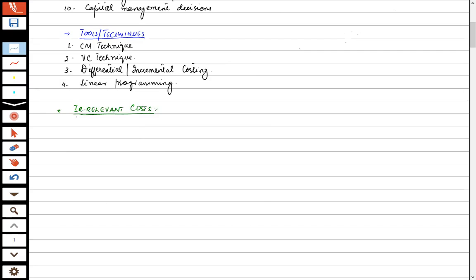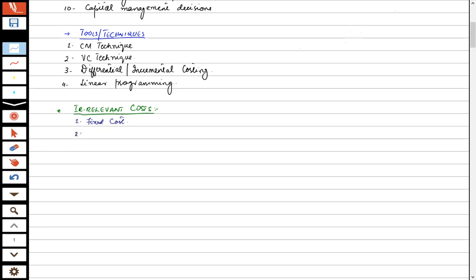Number one is fixed cost. As we have discussed earlier, whether we buy, make, continue or discontinue any product, our fixed cost, that is rent, will be incurred at any cost. So the fixed cost is irrelevant. It has nothing to do with our decision making process.